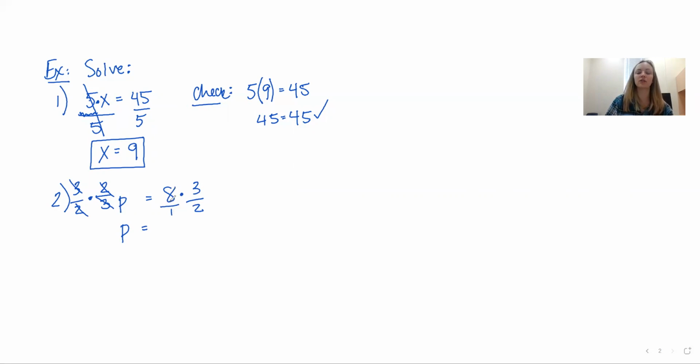And so again, we can multiply first and then reduce, or reduce and then multiply. The numbers are pretty small, so I'm going to go ahead and just multiply straight across, then I'll reduce. So 8 times 3 is 24, over 1 times 2 is 2, and 24 divided by 2, or half of 24, is 12.